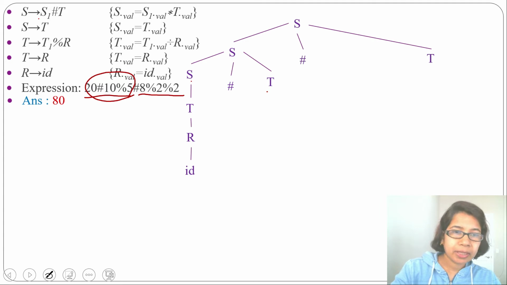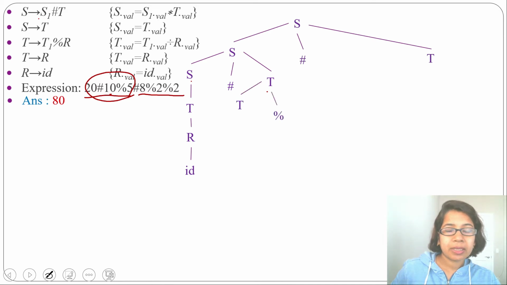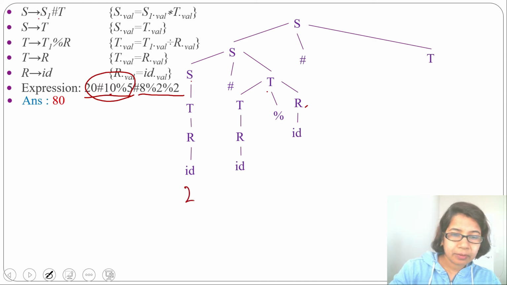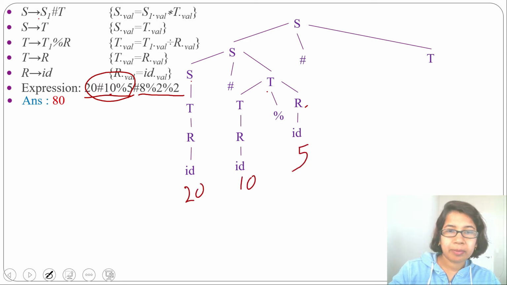Next from this T we need to derive 10 % 5, meaning T derives T % R. Next T will derive R. From R will derive ID. Then from this R will derive ID. So this ID is for 20, this ID is for 10, this ID is for 5.